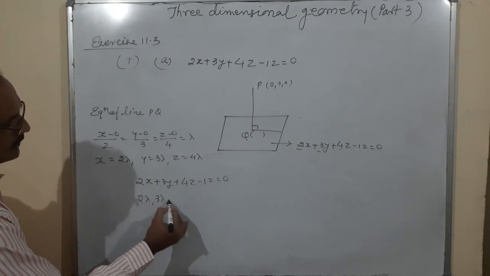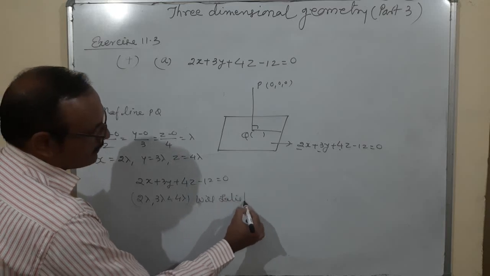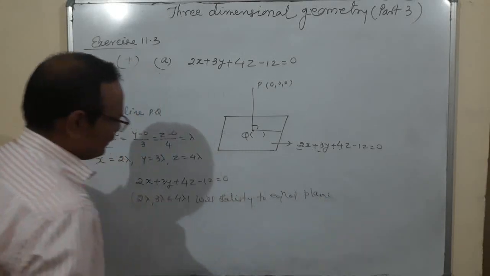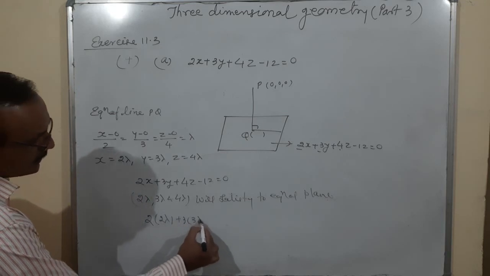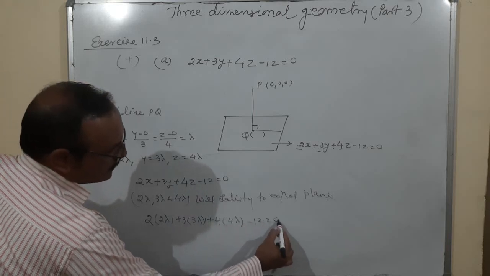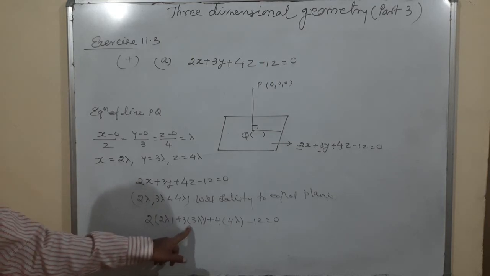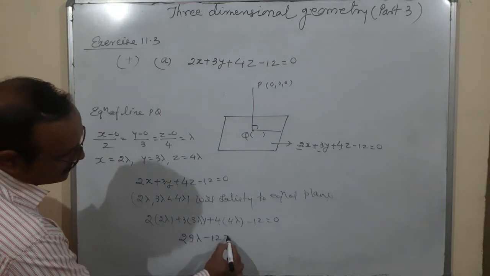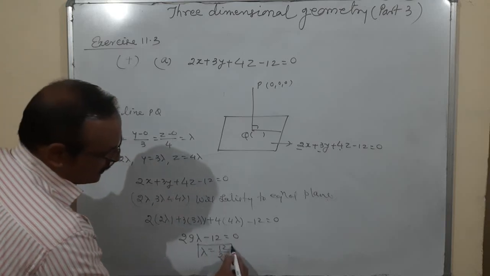Here 2 into 2 lambda plus 3 into 3 lambda plus 4 into 4 lambda minus 12 is equal to 0. So 4 plus 9 plus 16, that is 29 lambda minus 12 is equal to 0. So lambda is equal to 12 upon 29. Okay, this is the value of lambda.